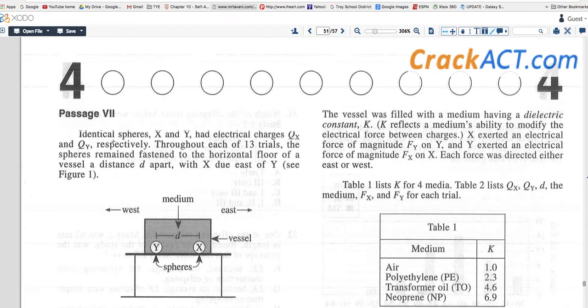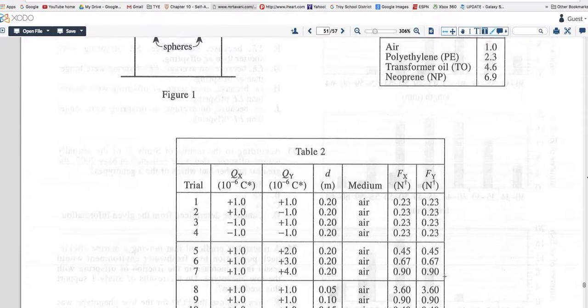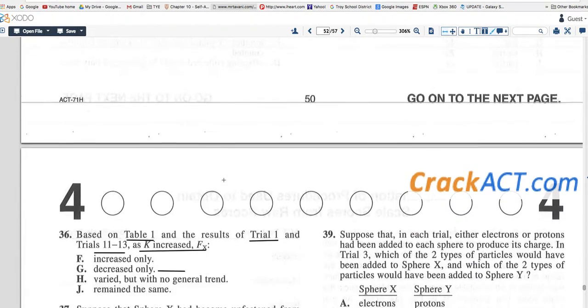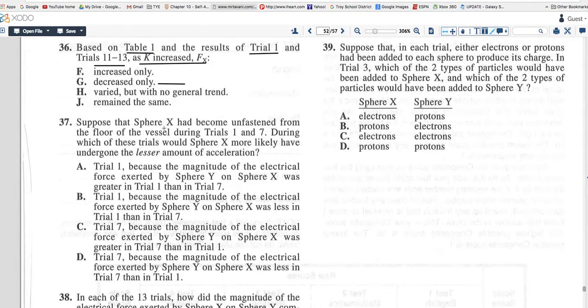Alright, guys, basically it's 2 charges, or 2 spheres that are being fastened to the floor. There's a medium that's being filled in the space, okay? Then you're measuring when you have 2 electrons, when you push them together, they're going to repel. Same thing with 2 protons. They're basically measuring how far they are pushing each other, and they're measuring with different mediums. That's all this is.